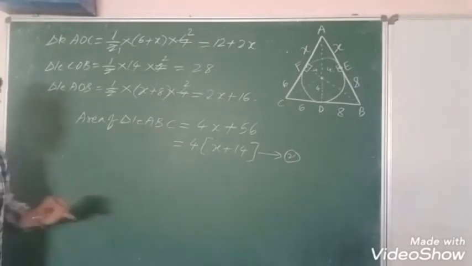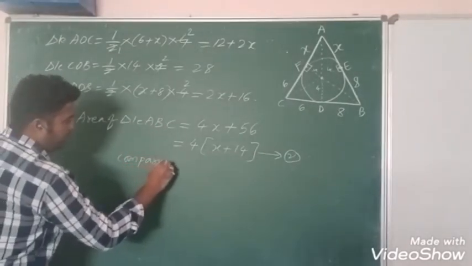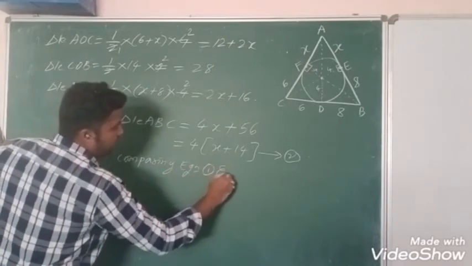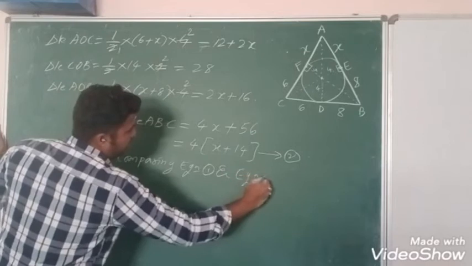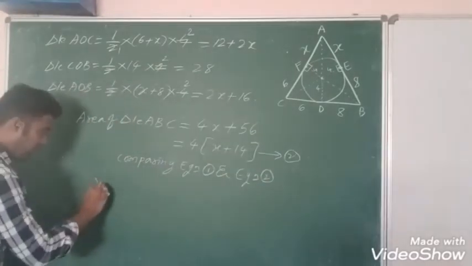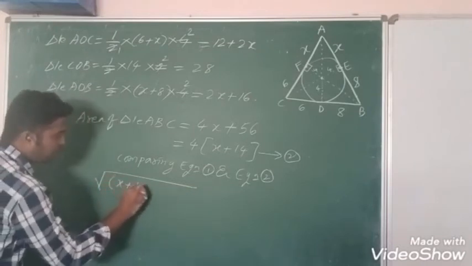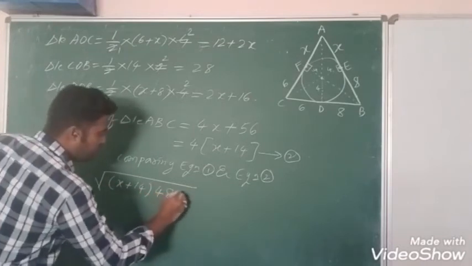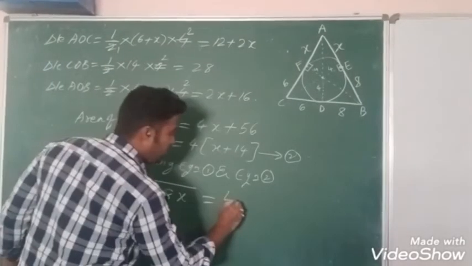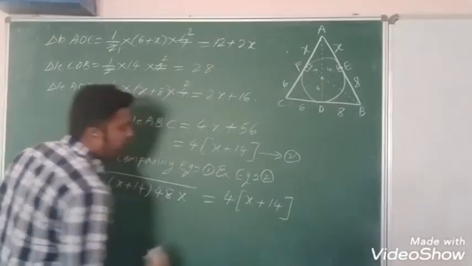Now we have to compare the earlier equation, equation 1, and equation number 2. What was the earlier equation number 1? It was the square root of x plus 14 into 48x, which is equal to equation number 2, 4 in the bracket, x plus 14.